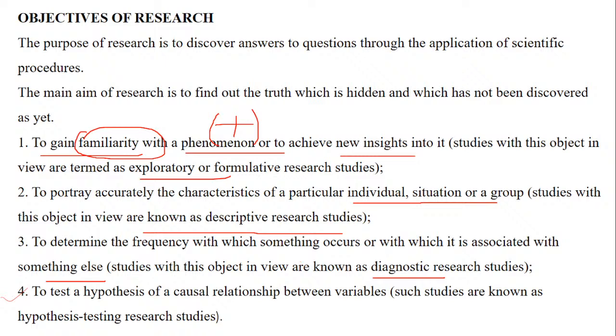Now, to test a hypothesis, that is a tentative statement, to test a hypothesis of the causal relationship between the variables. So this is called hypothesis testing. Now, what is a hypothesis? A hypothesis is a tentative statement which is made at the start of the research. With the help of this tentative statement, you need to prove which statement will be accepted or which statement will be rejected.